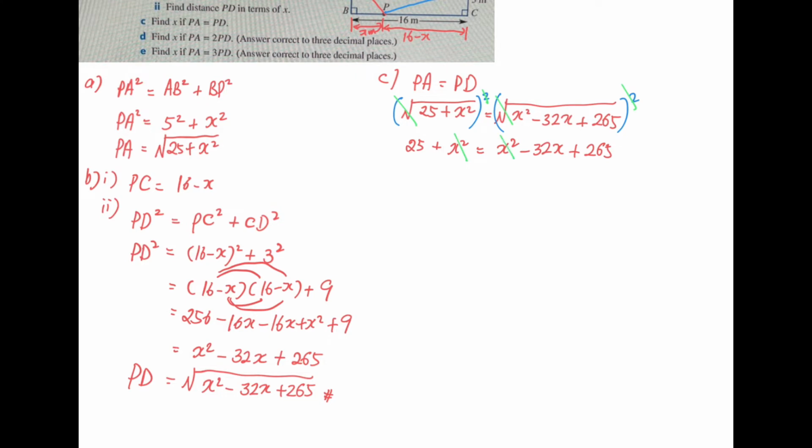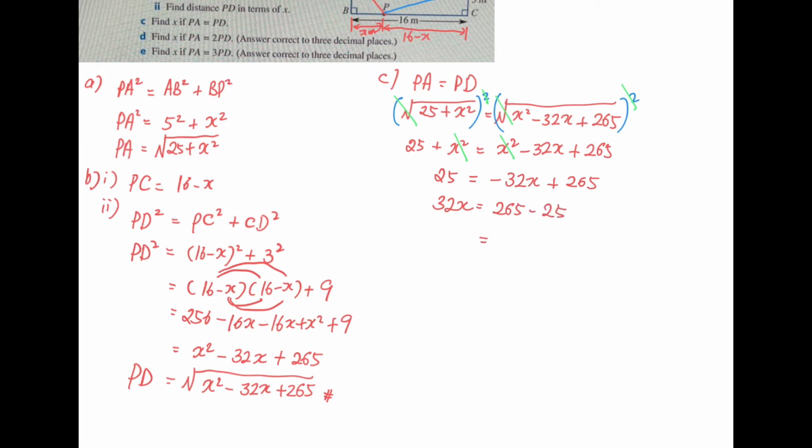Okay, and after that we are looking for x values. So we just solve the equation. Now we have 25 equal to minus 32x plus 265. Rearrange this, 32x, 265 minus 25.